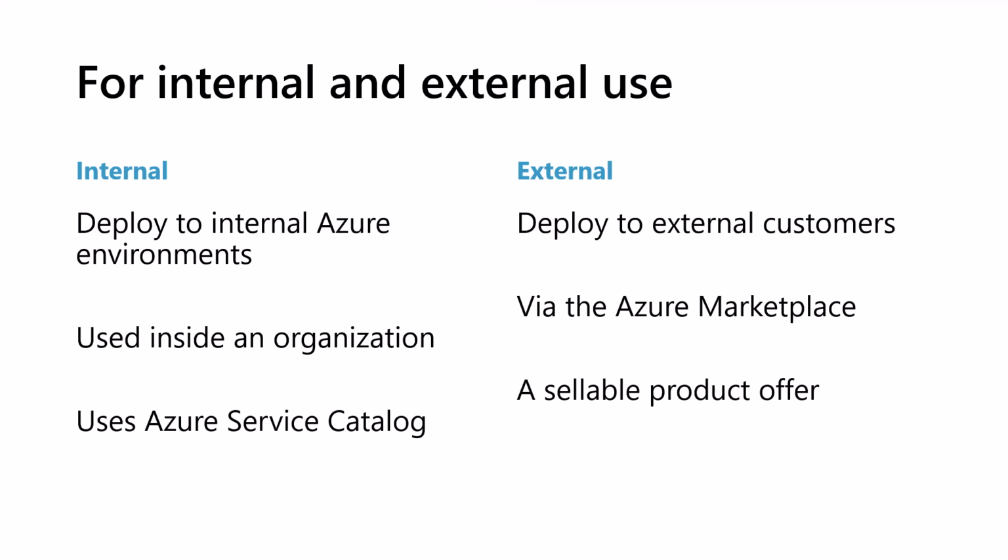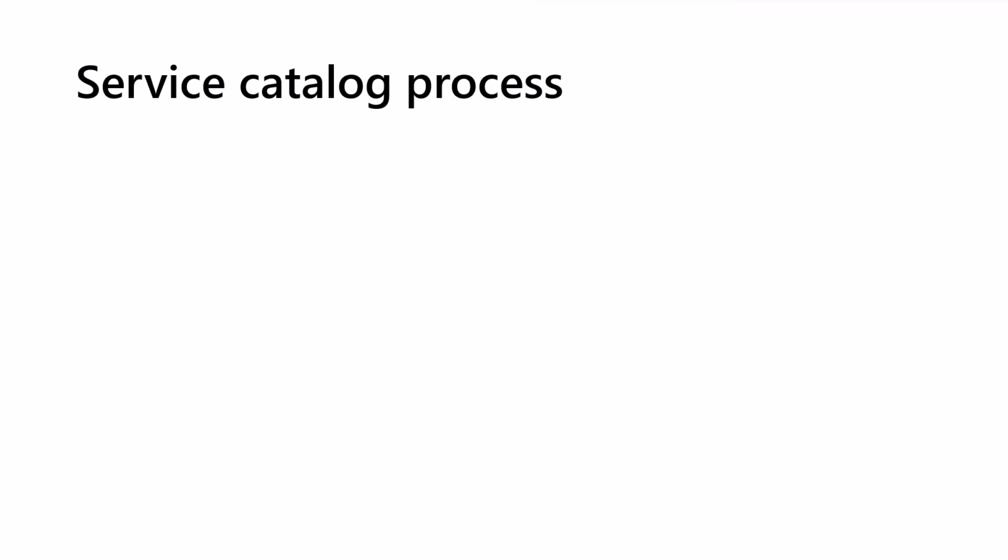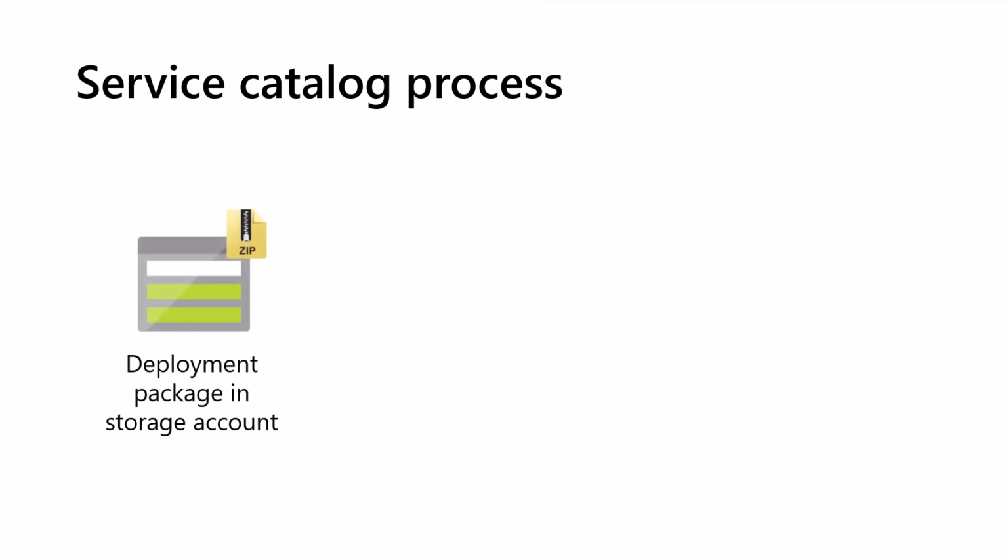Now let's take a moment to learn just a little bit about the Service Catalog and how we might use it. Let's look at a simple model of what it means to publish and deploy an app through the Service Catalog. First, a deployment package file is created and uploaded to a blob storage account. We're going to talk a little bit more in a moment about what goes into this deployment package file.